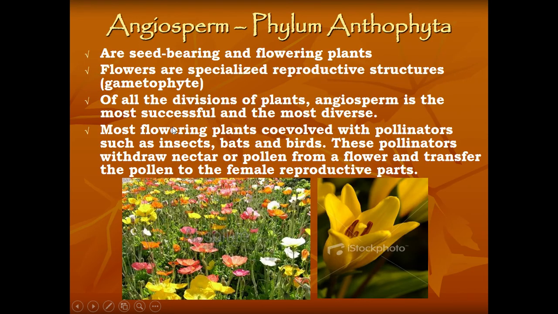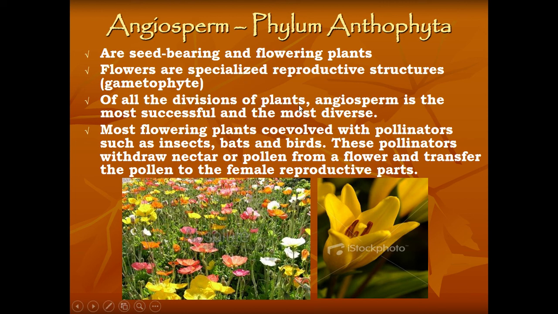And the last group of plants are angiosperms, in which we're going to look at the phylum Anthophyta. So remember, angiosperms are a plant group that have a vascular system. They bear seeds and also flowers, in which the flowers are specialized reproductive structures that have both male and female gametophytes.